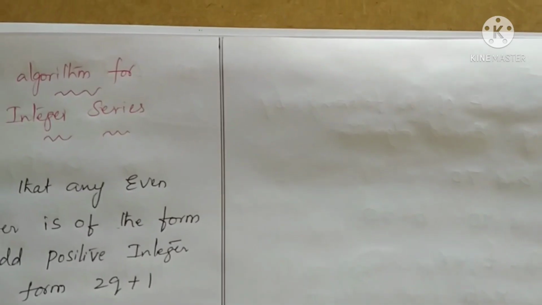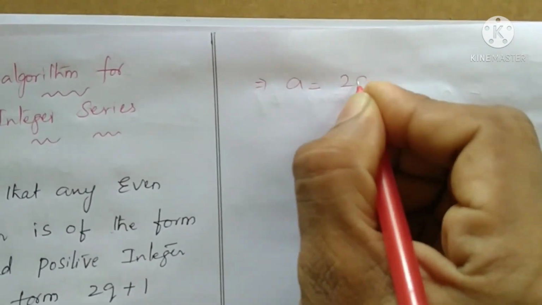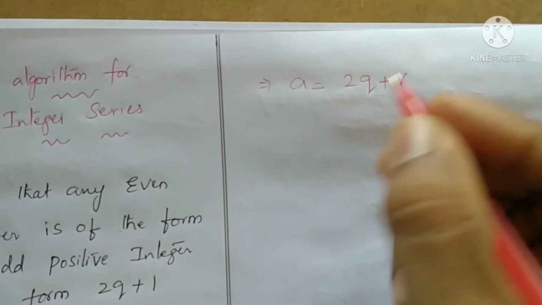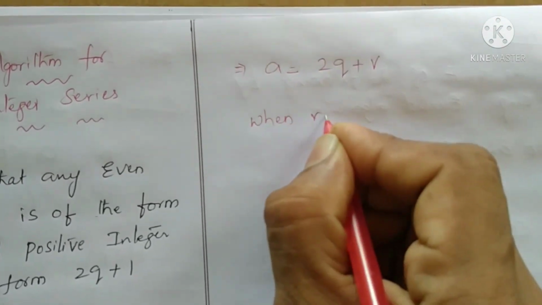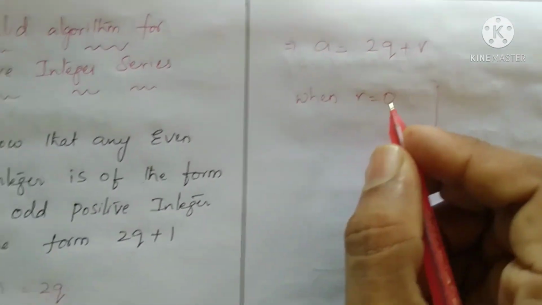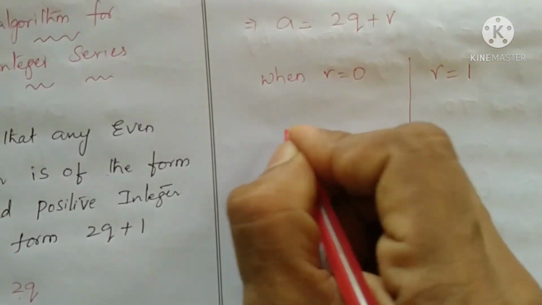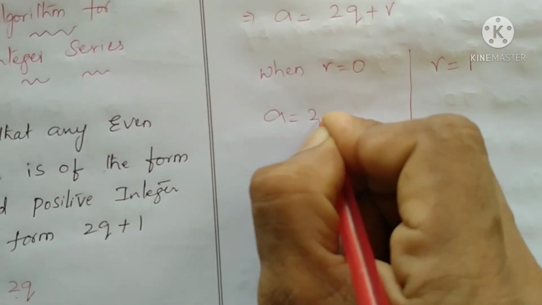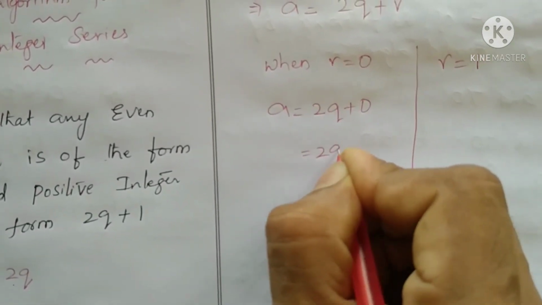Our formula is a is equal to 2q plus r. When r is equal to 0, a is equal to 2q plus 0, that is equal to 2q.